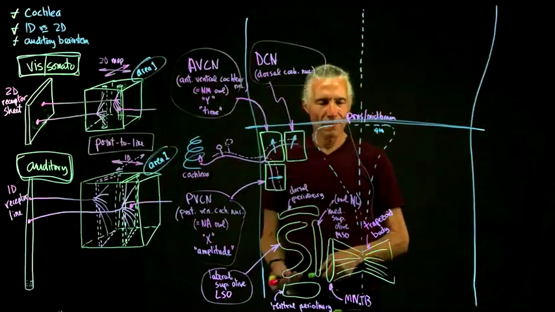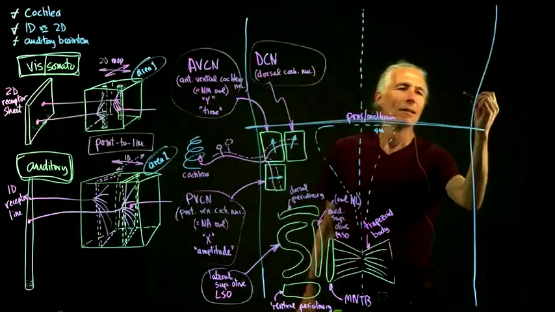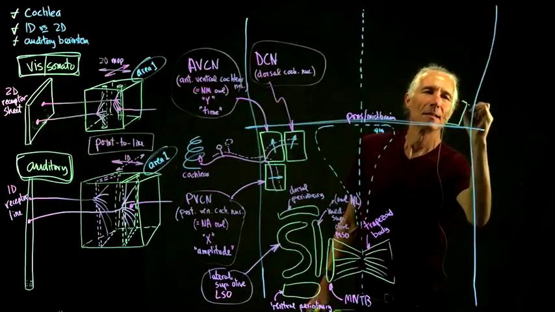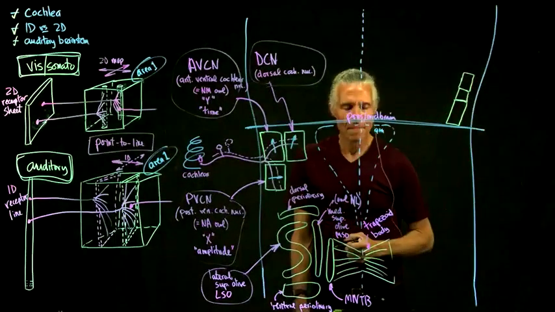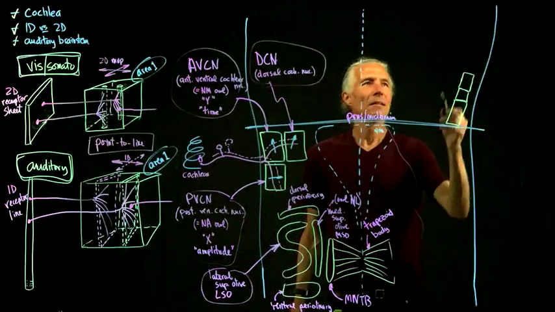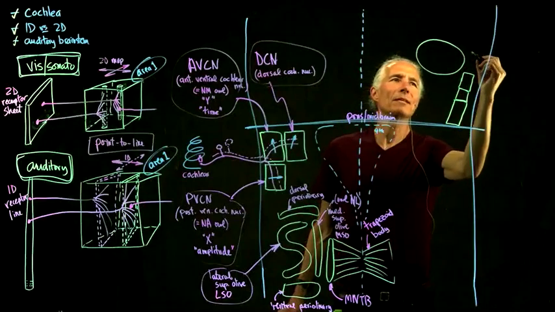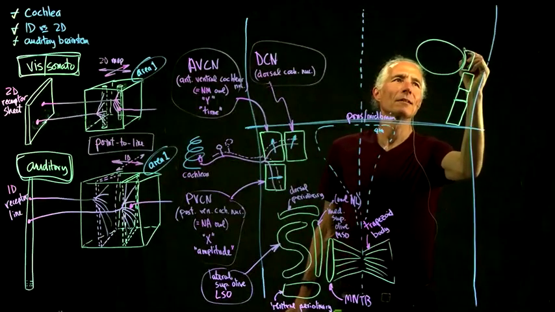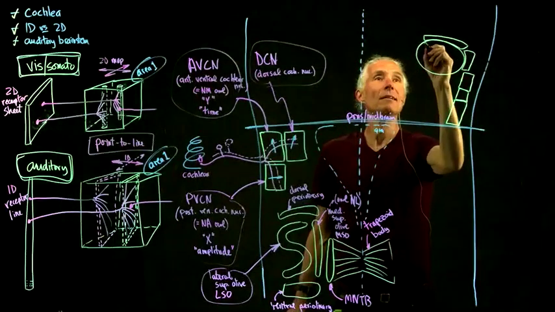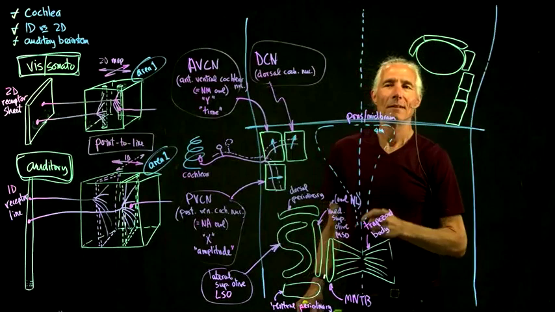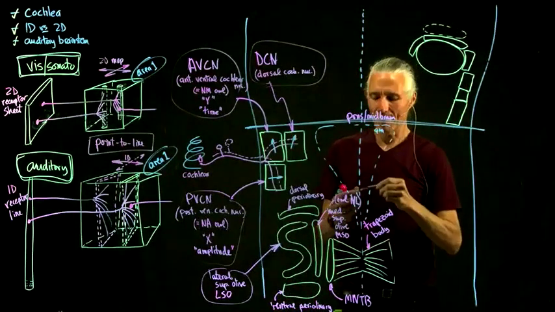So if we go up into the midbrain, we've got another set of nuclei there. And then we have the inferior colliculus, another big nucleus, and there are some nuclei sitting around it. Now there's the superior colliculus above it.